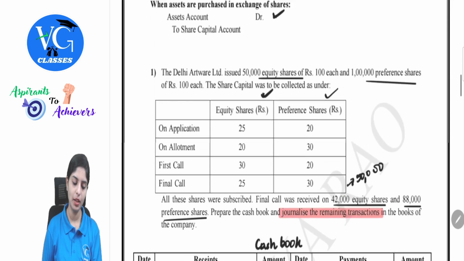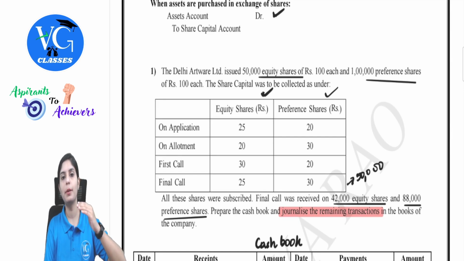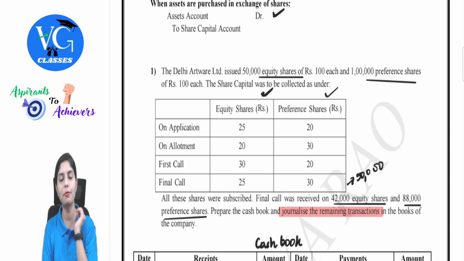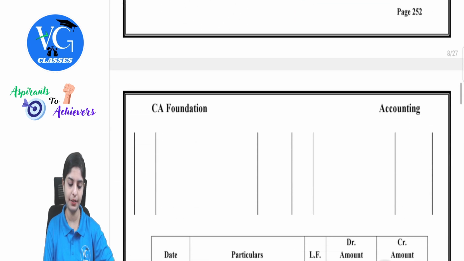Second scenario, allotment. So first we have to make it due. What is the due entry? Equity share allotment account debit to equity share capital. Preference share allotment account debit to preference share capital. No cash involved, so we will record this as a journal entry.